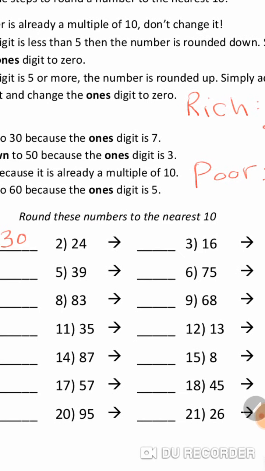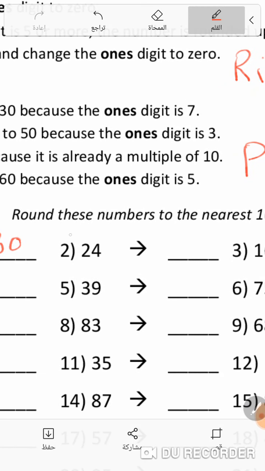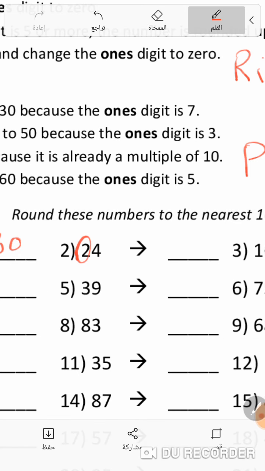Another example. 24. Round 24 to the nearest 10. I will round the number in the tens place. The number in the tens place now needs money. It will ask the next door number. Where is the next door number? It's 4.